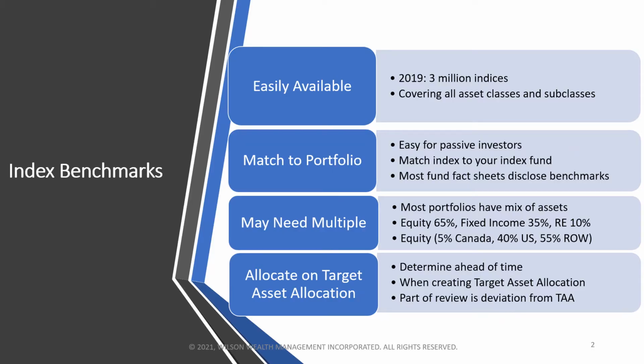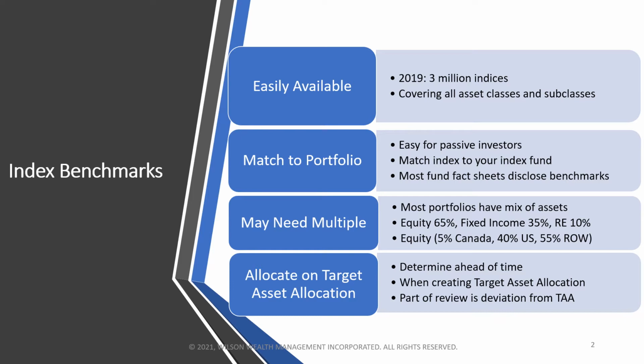Now, I think the thing with index investments is there are so many out there, and there are so many benchmarks that track different indices. In 2018, there were 3.7 million indices on offer covering every type of asset class and subclass.